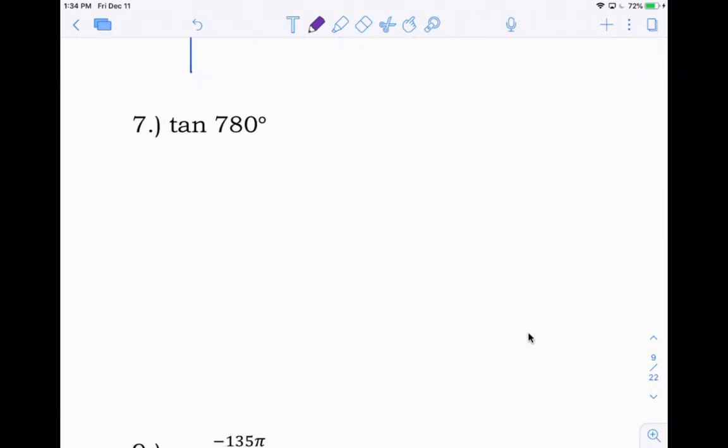All right, let's look at another one here. Now we've got tangent of 780. Okay, that's definitely bigger than 360. So when we go to graph this, we know 720 is 2 circles. So there's 1, there's 2 circles, and then from 720 to 780, it looks like there's about 60 left over, and so it's going to go out about that much more. But here's the thing.